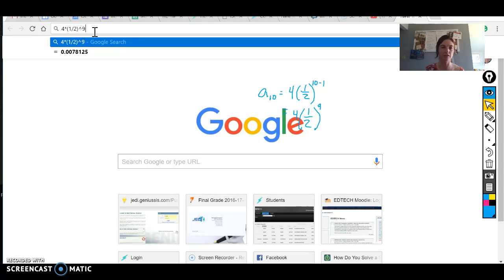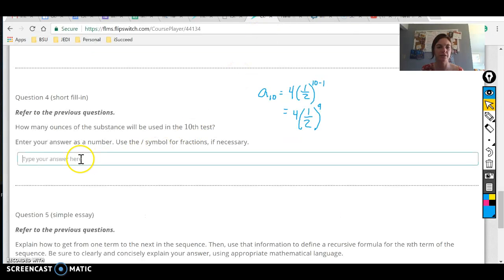And I get 0.0078125. So I'll just go back to this screen. 0.0078125 ounces will be used in the 10th test. So that's hardly anything. Okay.